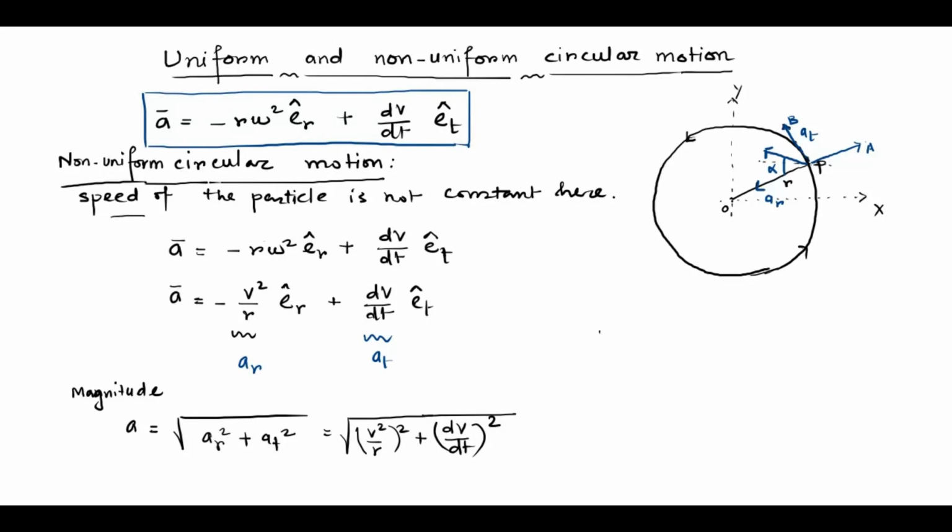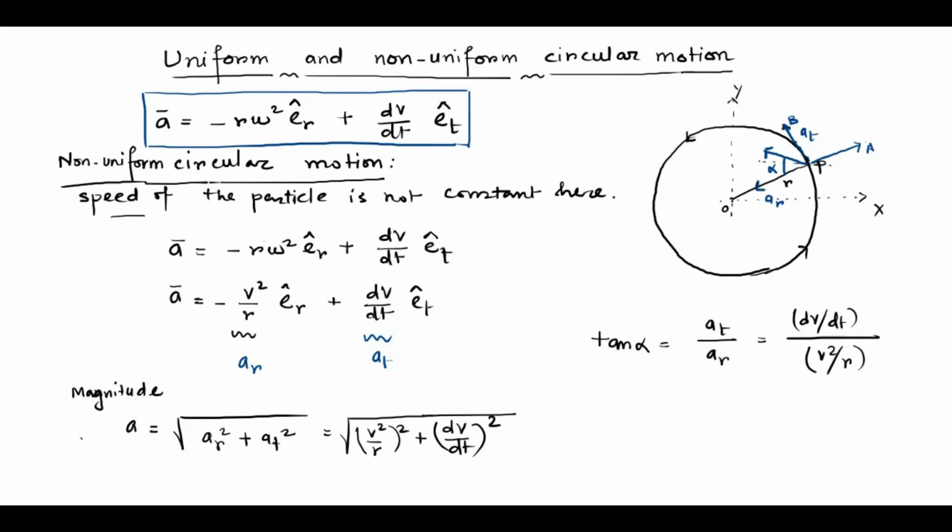And what is the direction alpha? Tan alpha is the tangential component a_t divided by a_r, where a_t is dv by dt and a_r is v square by r. So this is the whole description of non-uniform circular motion, when the particle is not at a constant speed and the resultant acceleration is neither in a radial direction nor in a tangential direction.